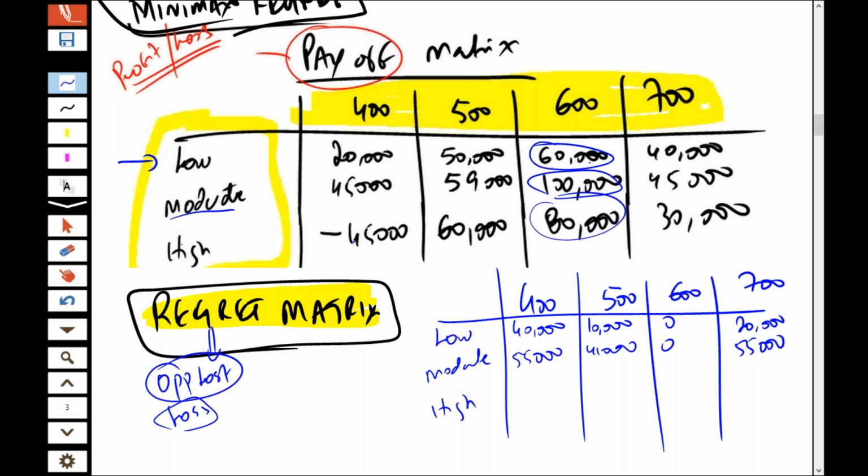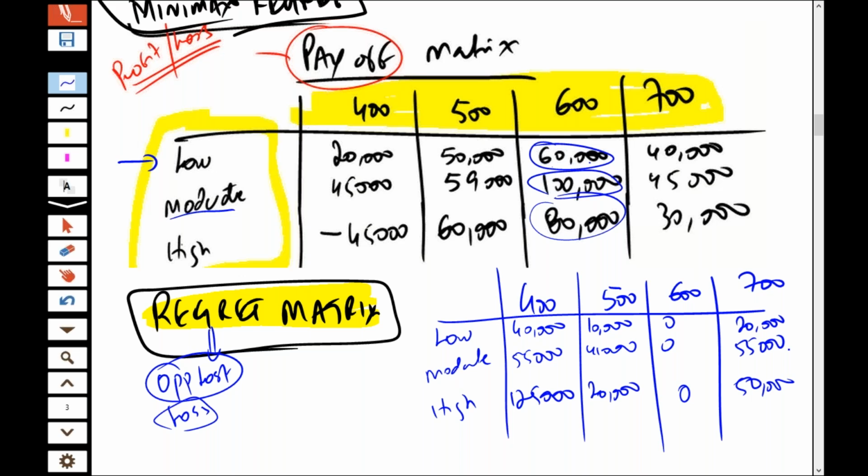So 80,000 minus 45,000, minus 45,000 is minus plus, so this is going to become 125,000. Now, is everyone okay with this? 80,000 minus 60,000 gives you 20,000, then 0, and then 50,000.